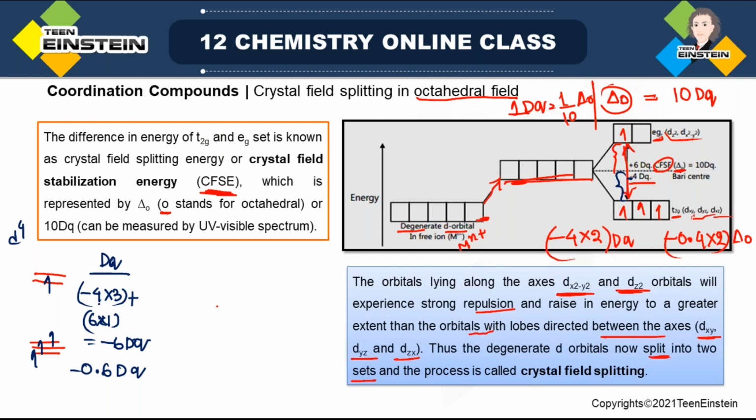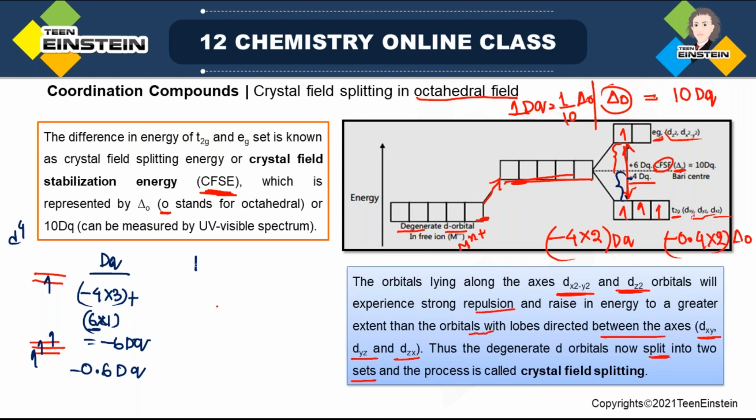Okay. So here we have taken for the T2G set a minus sign and a plus sign for the Eg set. But the reverse may be the case, but that doesn't matter because the numerical value will remain the same. Only the sign will change. So if there is a negative sign, it will be positive. If there is a positive sign, that will be negative.